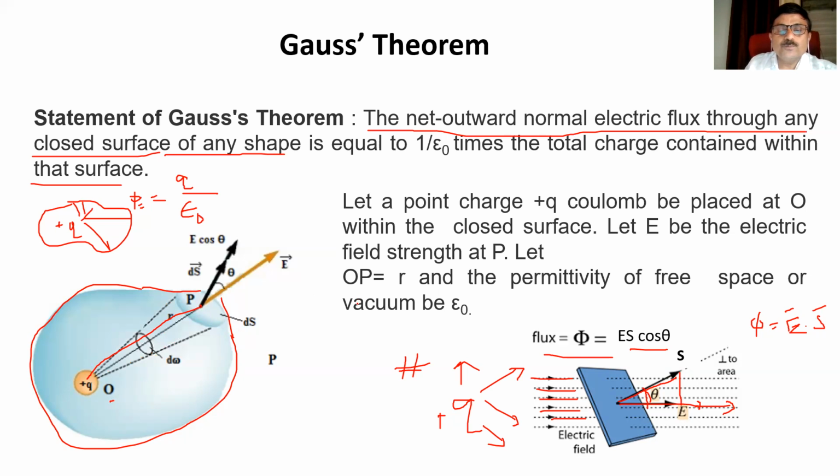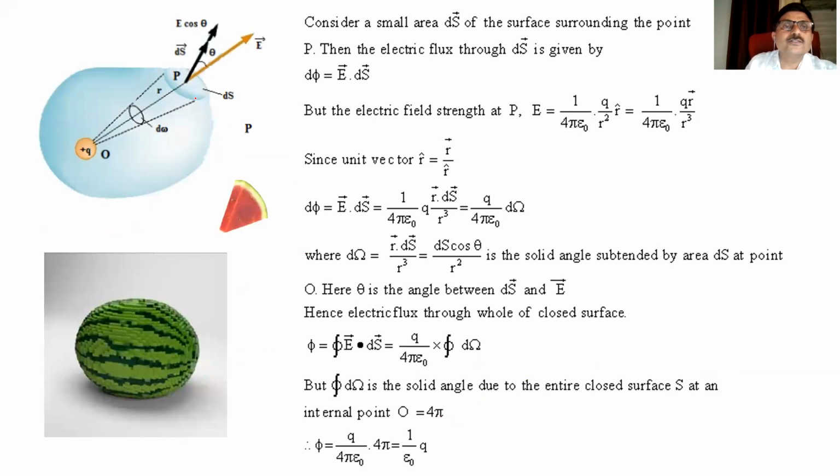Now, in order to prove this Gauss theorem, let us assume a small area element dS. This is a small area of this entire surface, and it surrounds the point P. Then, by definition, this will be the direction of the electric field, and this is the perpendicular to the surface.